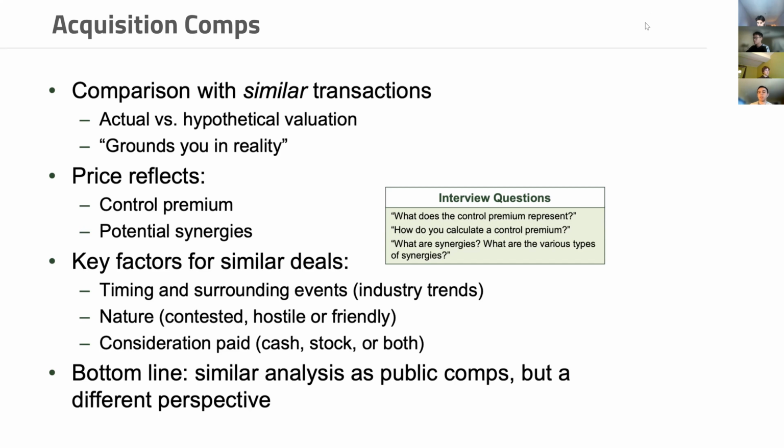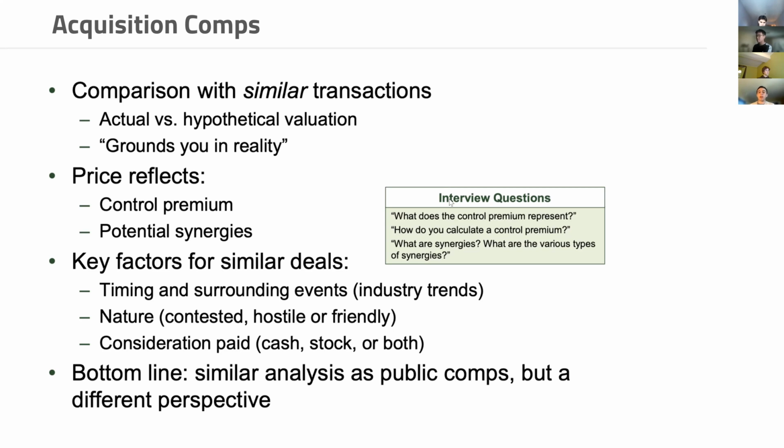In a merger situation, a lot of times there's going to be something called a control premium, which is a pretty common term you're going to be hearing in the process or just in general. A control premium represents the additional value that the acquirer hopes they can create by controlling the acquired company.